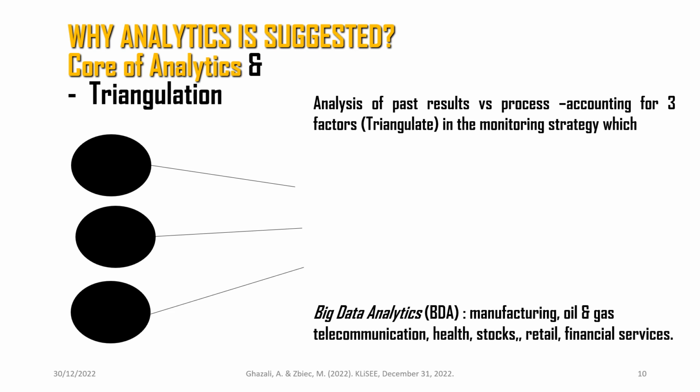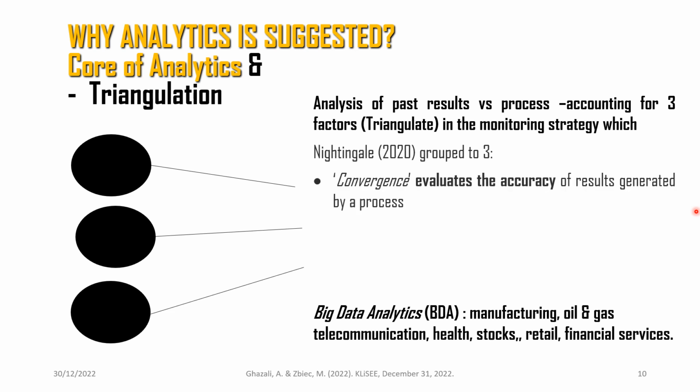Triangulation is the reason for proposing analytics. Big data analytics (BDA) is typically used in the manufacturing, telecommunication, health, stock market, and fintech, and is still new to agro sector. Triangulation involves analyzing the database of results, taking into account three factors simultaneously, according to Nightingale and Noble and Hill.